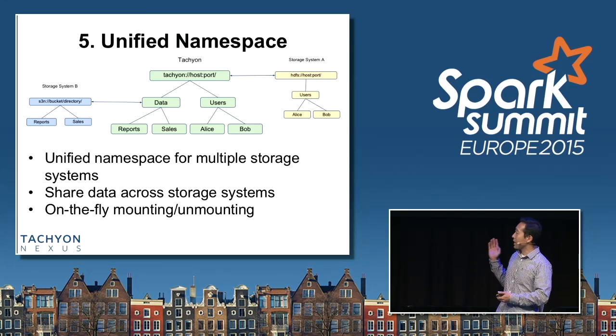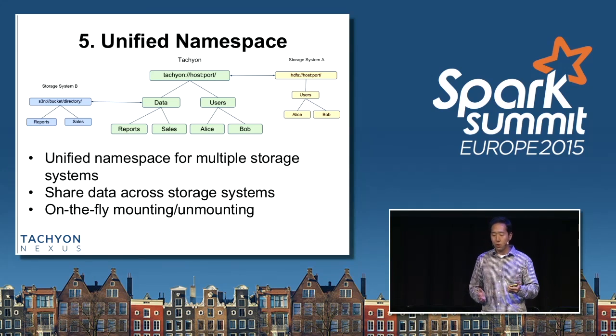In this example, in the middle, we have the Tachyon namespace that has two folders, data and users, and the root of Tachyon is mounted from some HDFS directory. The HDFS directory is providing the users folder and users data.